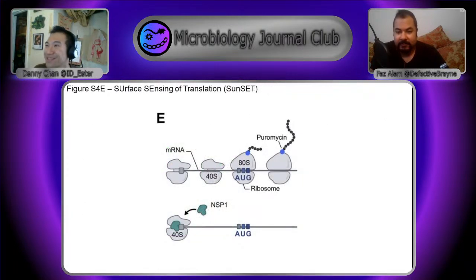Then they use this SUnSET, surface sensing of translation. This is new to me, because back in the day we'd use radioactivity for this. You'd incorporate radioactivity into your cells, and then use that to measure what new proteins are being made.